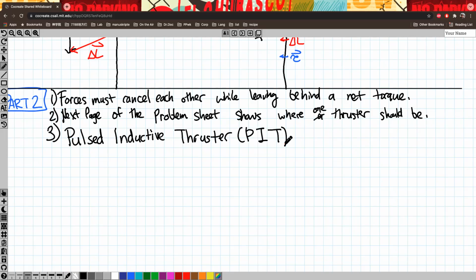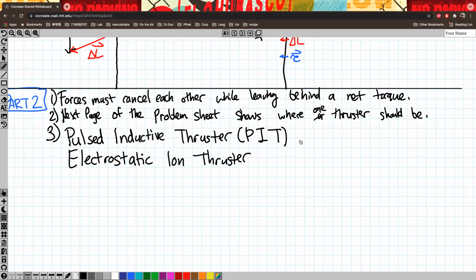It blasts in bursts, in pulses. There are several advantages of that. I can even send you some information about those. This is in contrast to an electrostatic ion thruster, which blasts continuously.